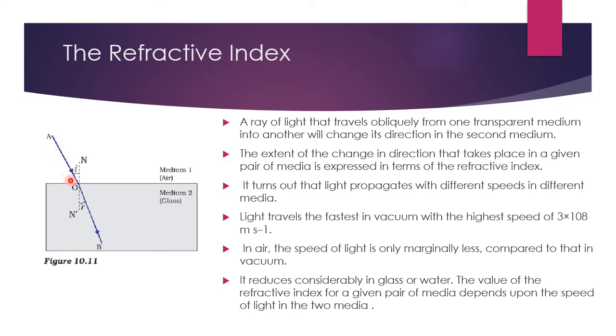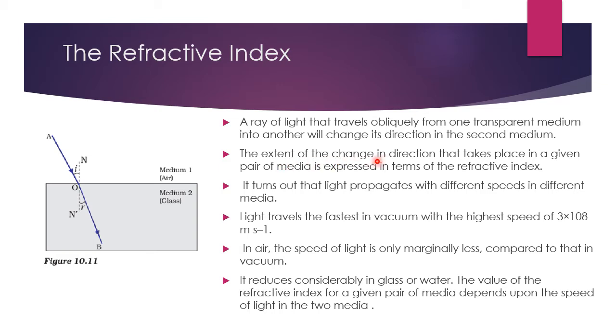Actually it should go straight, but instead it changes its direction and moves a little towards the normal. N dash is the normal, so it is moving towards the normal.